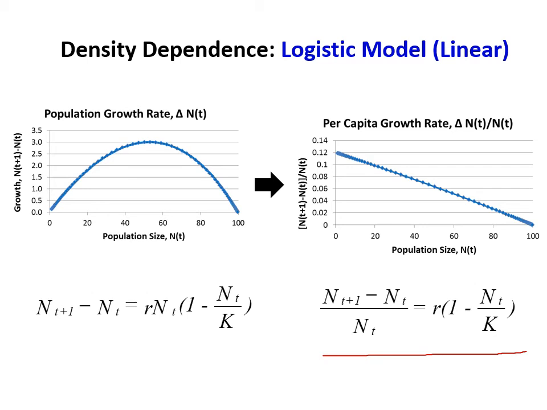We divide both sides of the equation by N sub t, so now we have the change in the size of the population per individual in the population, and that's going to be equal to r times 1 minus N sub t over K. And so as N sub t increases, this quantity gets larger and larger and closer to 1, at which point it hits the maximum population size. And from that point on, there's no growth in the population under ideal conditions.